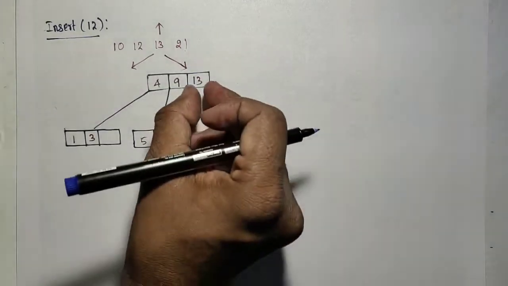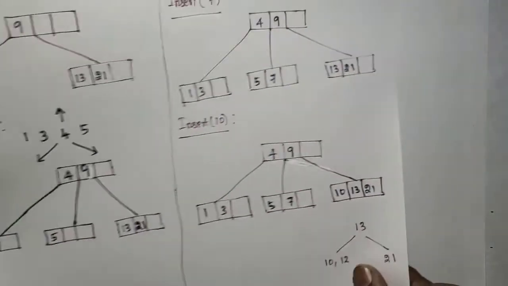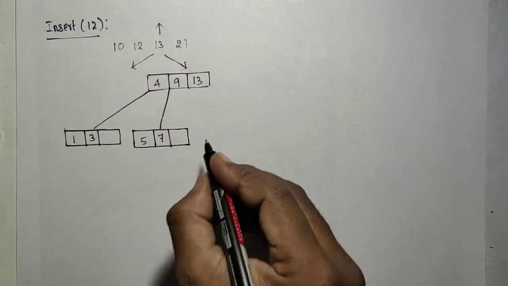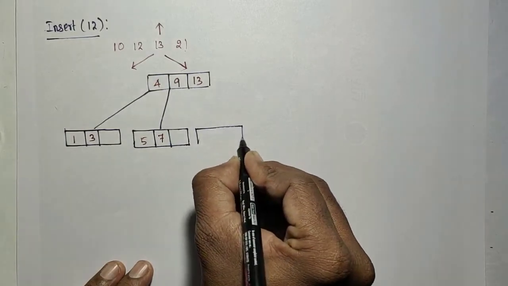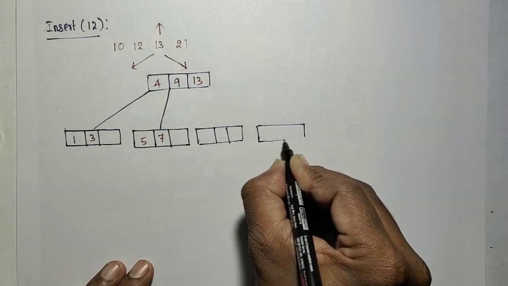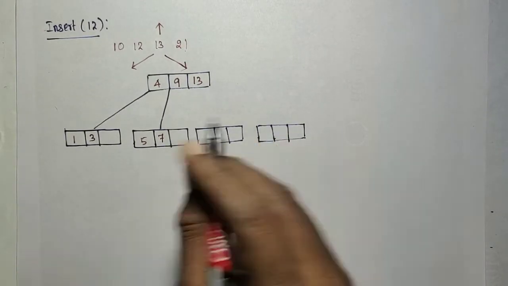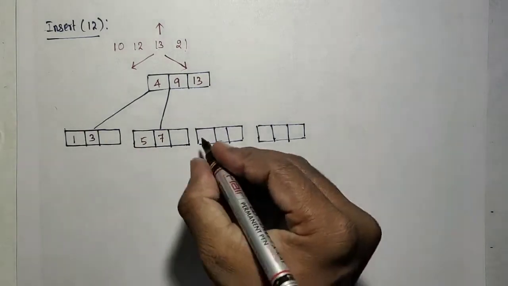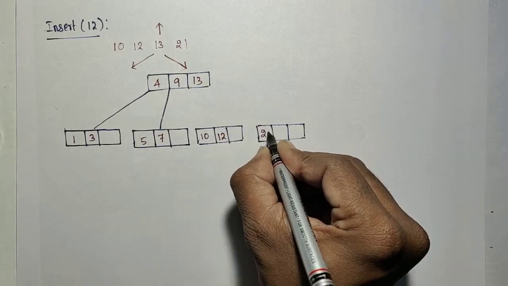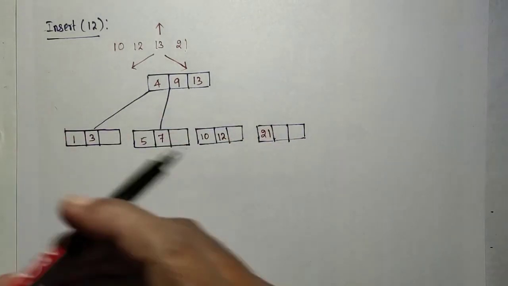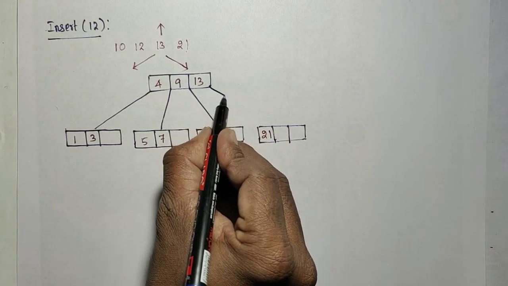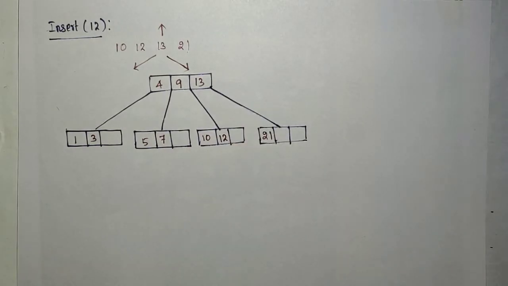Okay, so only the 13 left and right. So 13 left is the 10, 12, and 13 right is 21, like that. So I need to draw two more nodes like this, and the elements 10 and 12 and 21. 10, 12 is actually the left of the 13, and 21 will be the right of the 13, like that you have to work.